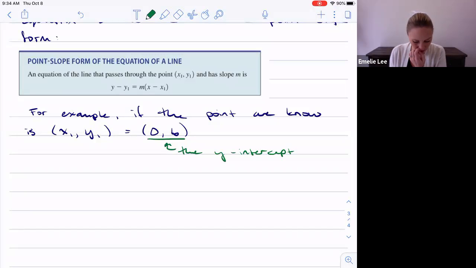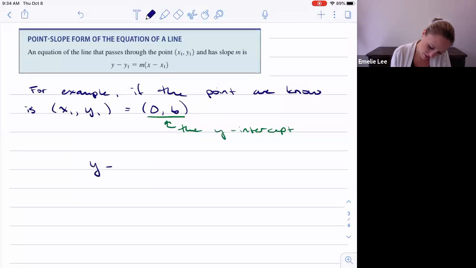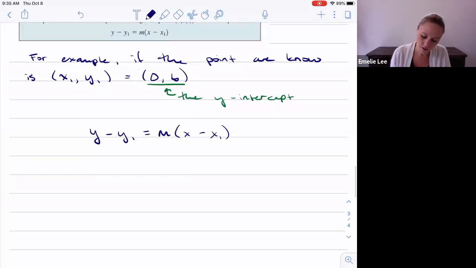then what do we have? So if we use the point 0, b in place, so 0 wherever we see x1 here, and b, a lowercase b, wherever we see y1, then what we get is y minus y1, I'll write out the general form first, times m times x minus x1. So then I get y minus b is m times x minus 0.